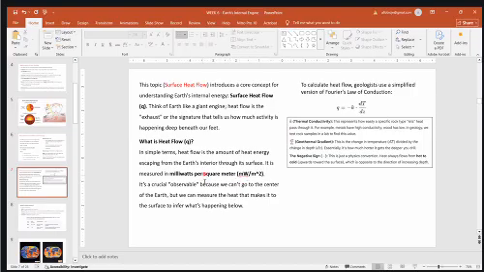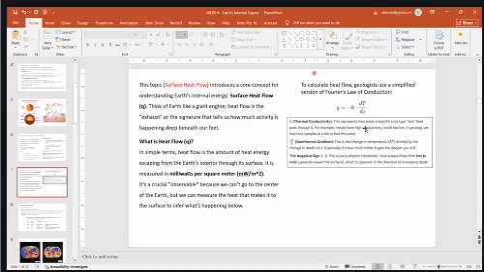It's a crucial observable because we can't go into the center of the earth, but we can measure the heat that makes it to the surface to infer what is happening below. So you can see this is the expression, and I've explained those terms.